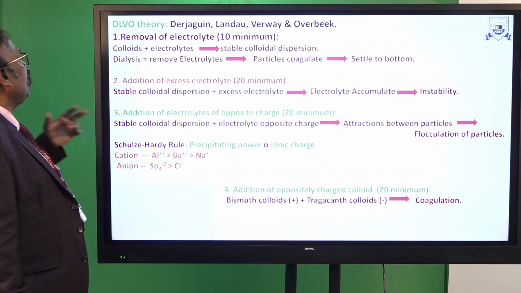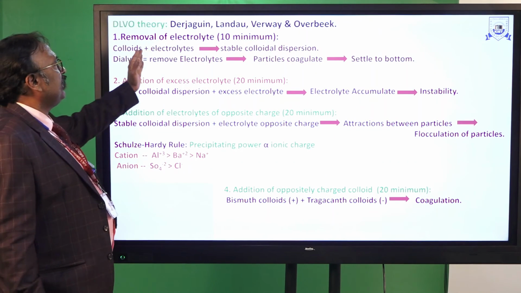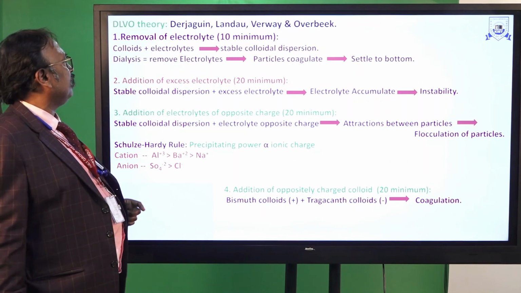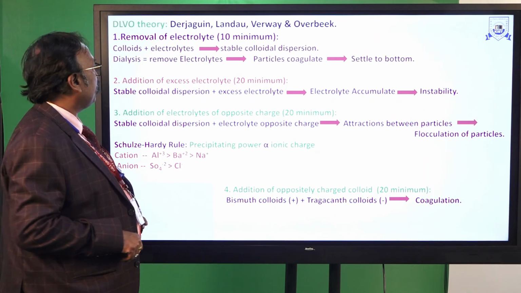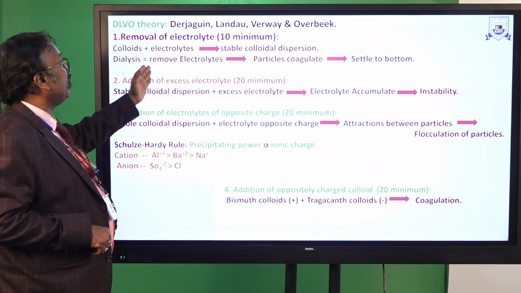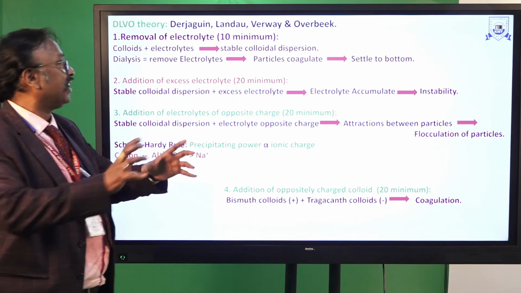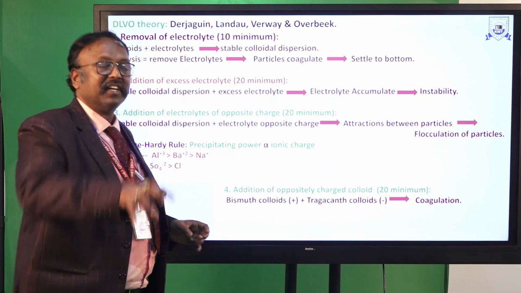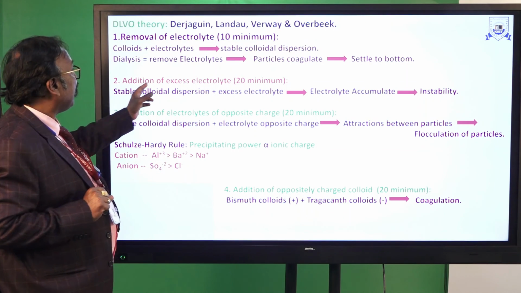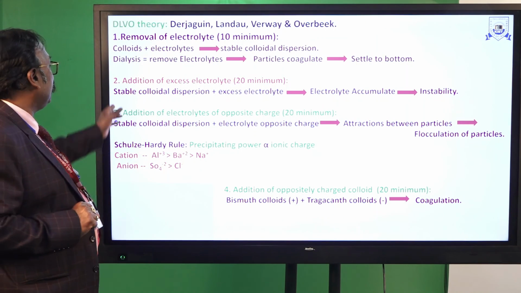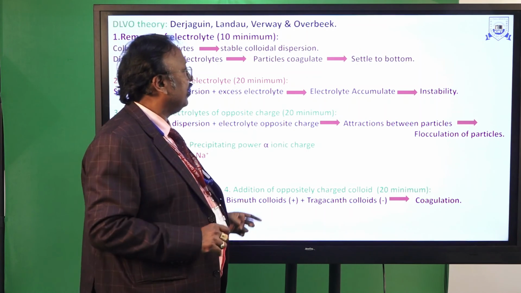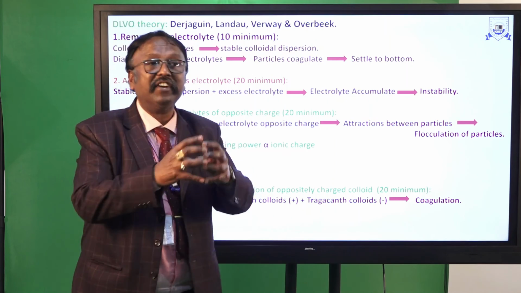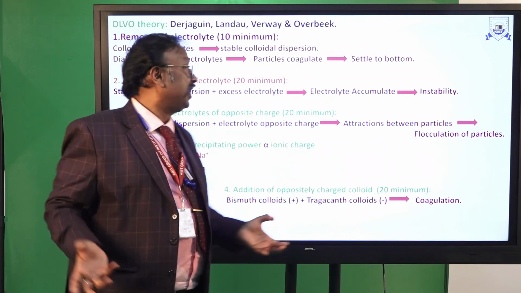Removal of electrolytes: in colloids, if you add electrolytes, we get a stable colloidal dispersion. Suppose by the dialysis method you remove the electrolytes, the particles coagulate and settle at the bottom. Whereas addition of excess electrolyte: if you add excess electrolyte to a stable colloidal dispersion, the electrolytes accumulate and instability will take place.